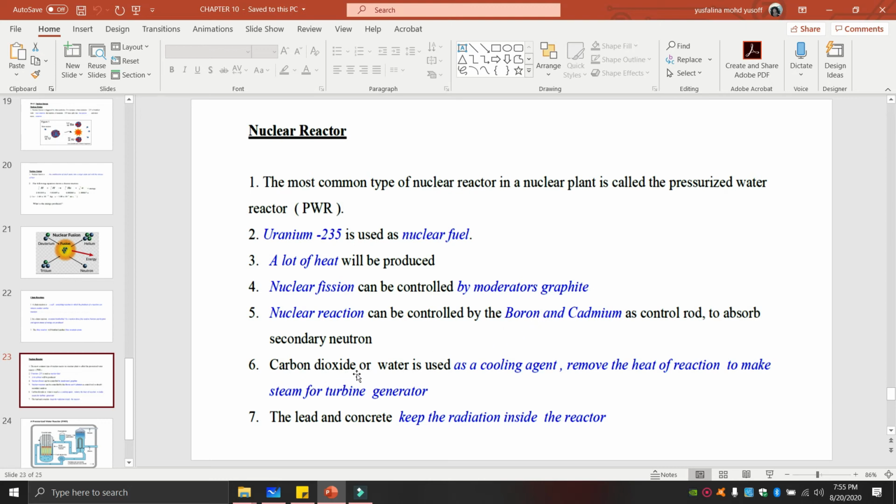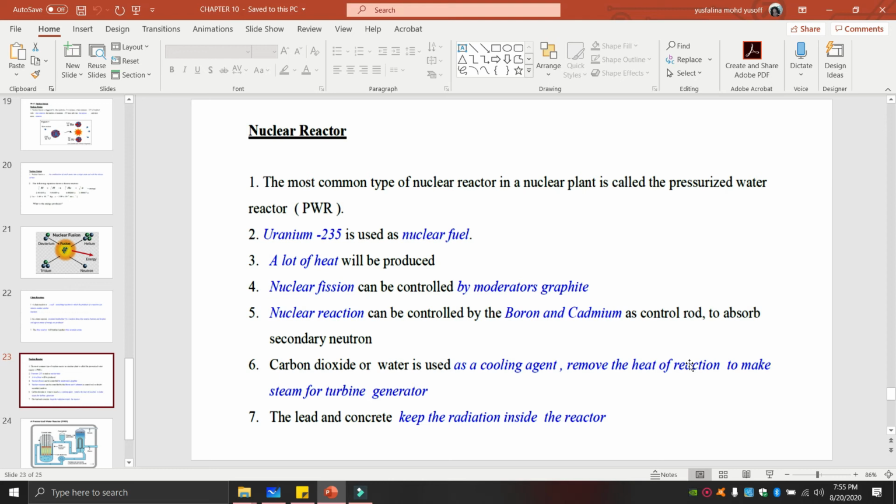And then carbon dioxide and water are used as a cooling agent, because water has a high specific heat capacity, so it can absorb heat. So we use water or carbon dioxide to absorb the heat from the reaction.